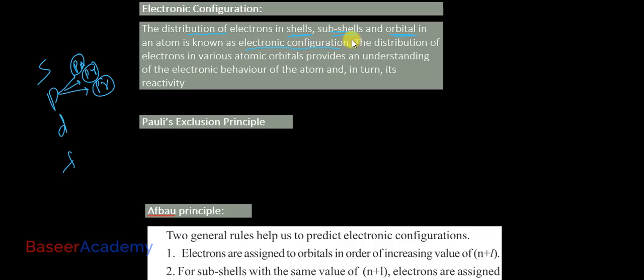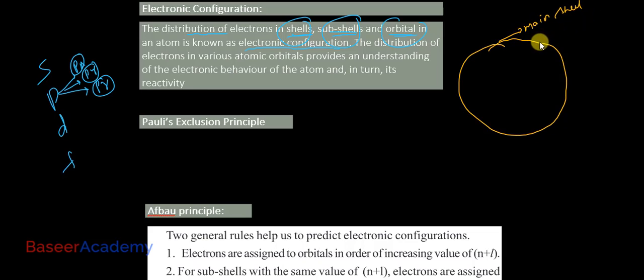Let me be a little more clear with the shells, subshells, and orbitals. I believe I can explain it this way. An orbit is also known as a main shell. And we have seen how many subshells each shell can have. The first shell can have only one subshell.